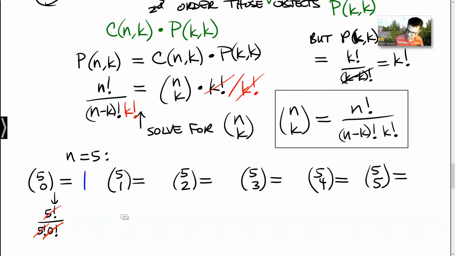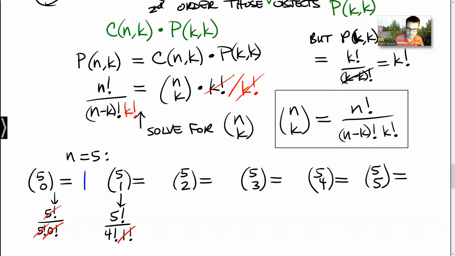Now, what about 5 choose 1? What should this be? Well, there's going to be 5 ways to do it. Right? You choose the first, second, third, fourth, or fifth marble. And the formula confirms this because it's 5 factorial over 5 minus 1, 4 factorial, 1 factorial. 1 factorial is defined to be 1.